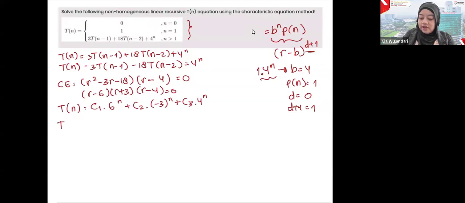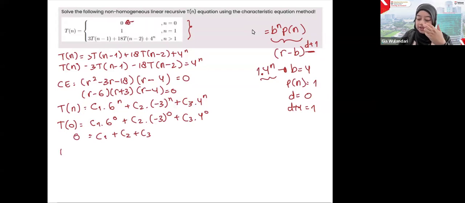So for T0, we have C1 times 6 to 0 plus C2 times minus 3 to 0 plus C3 times 4 to 0, or C1 plus C2 plus C3, and it must equal 0.